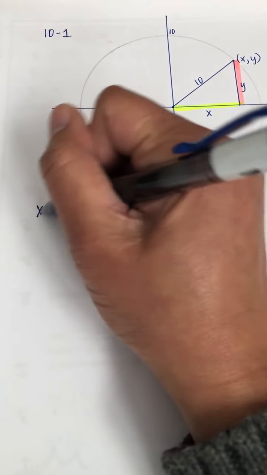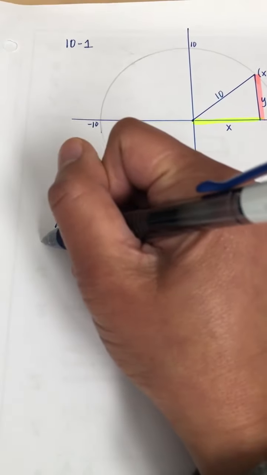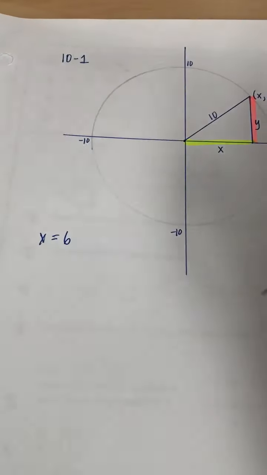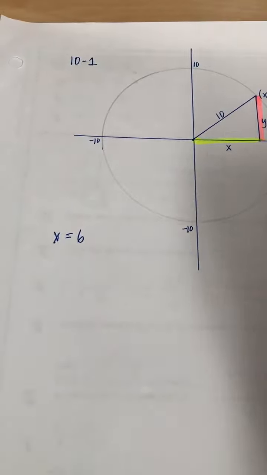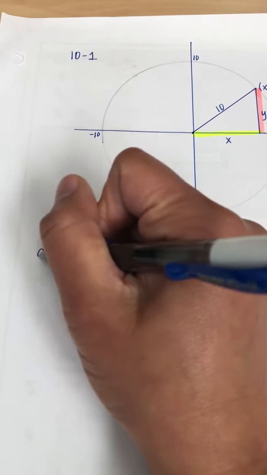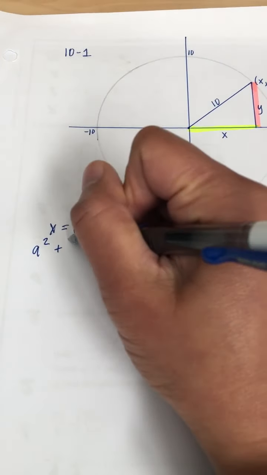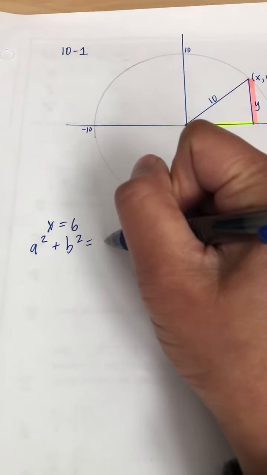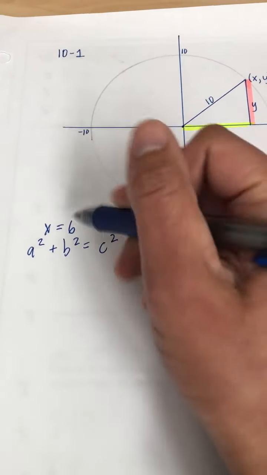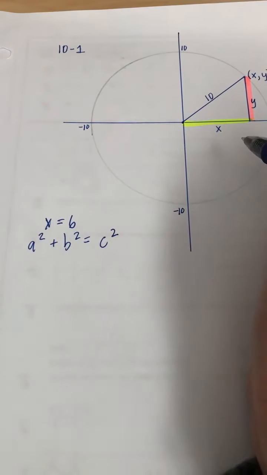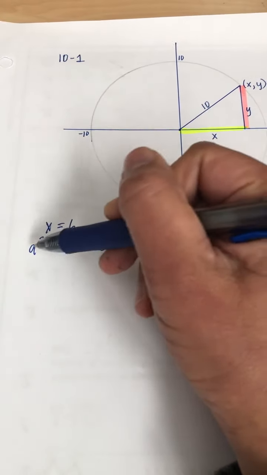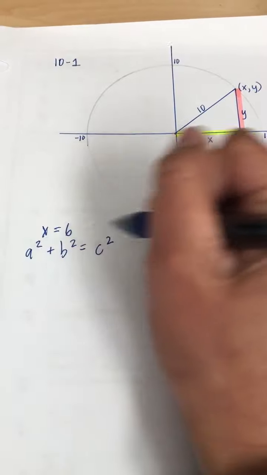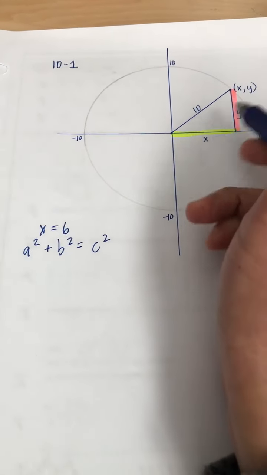So when x is equal to 6, in this right triangle, forget about the circle for now. Let's just focus on that triangle. We can use the Pythagorean theorem to find a missing side. We want x to equal 6, so that's one of these legs, A or B, because C is the hypotenuse, the longest side.